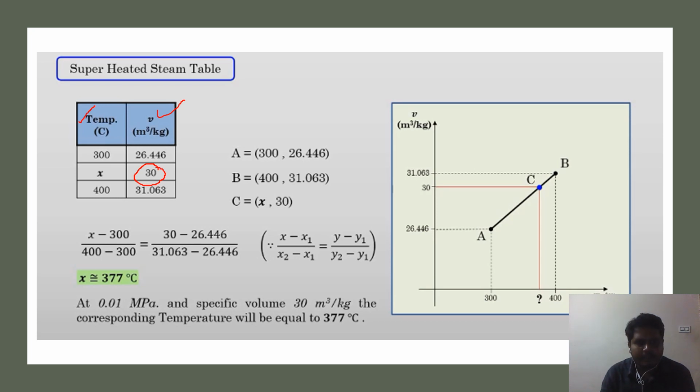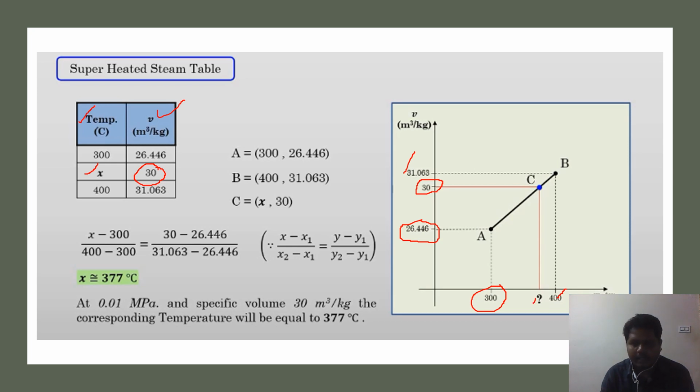Let us assume the unknown temperature as x. From this table, at 300 degrees centigrade the specific volume is 26.446, and at 400 degrees centigrade the specific volume is 31.063. But we have to find the temperature at a specific volume of 30 meter cube per kg.